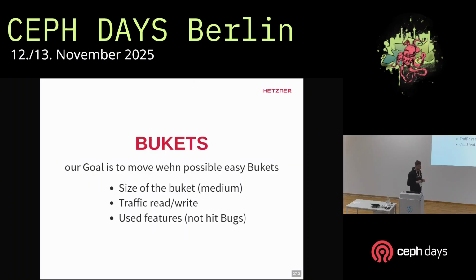Unfortunately, Ceph and especially the Rados gateway still have bugs in those features, so we like to validate them one after another. We create test buckets using certain features and make sure that they work. So for now, we try to just use simple buckets that do not use those features.